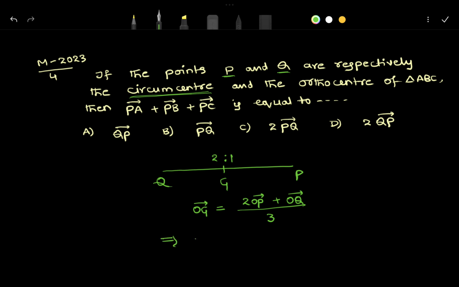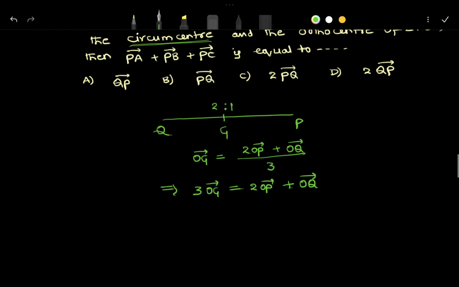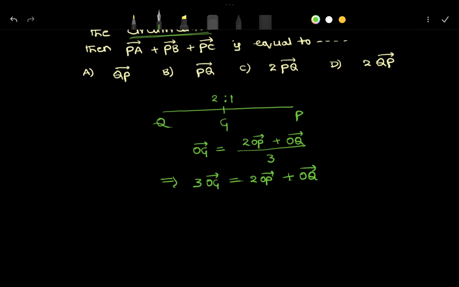From this we can write 3 into OG bar is equal to 2 into OP bar plus OQ bar. Now what is the question? The question is to find PA bar plus PB bar plus PC bar in terms of PQ or QP.